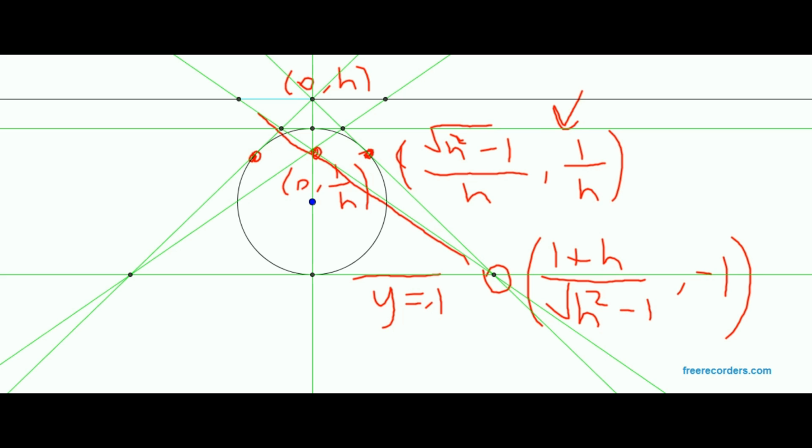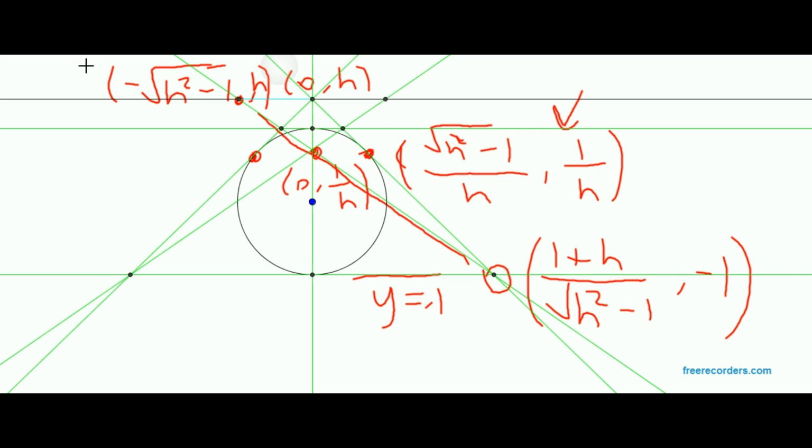And finally you can determine that this point here has an x coordinate of minus the square root of h squared minus 1, which might seem familiar to you, and a y coordinate of course h.